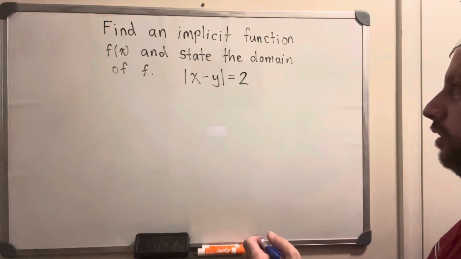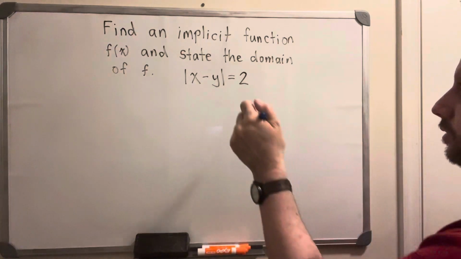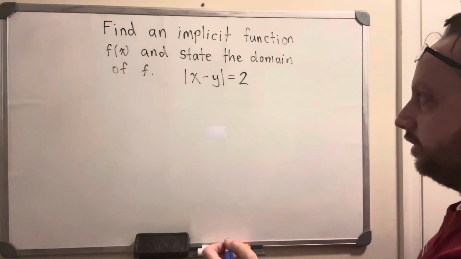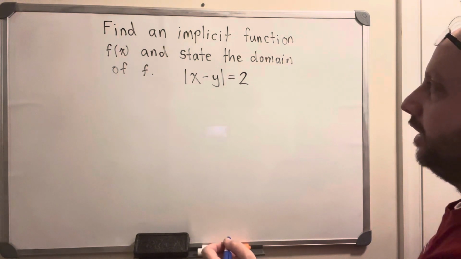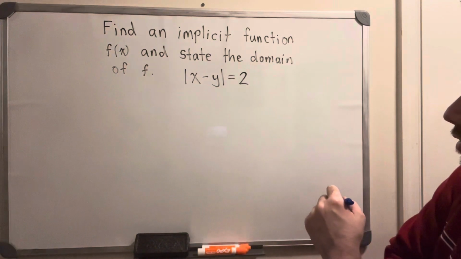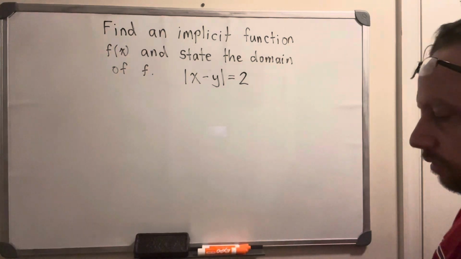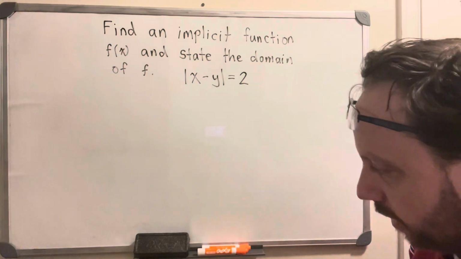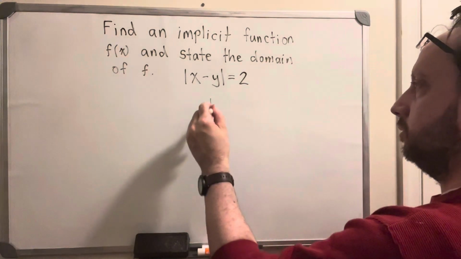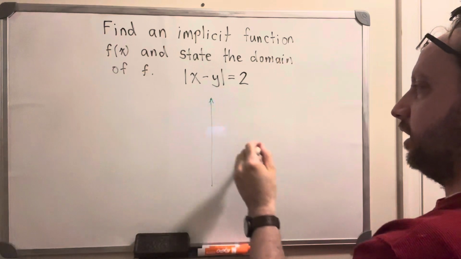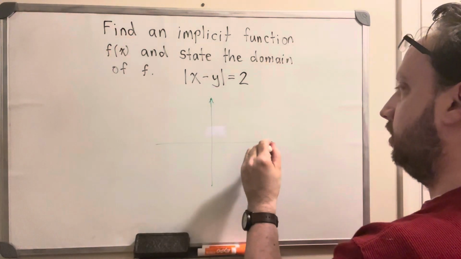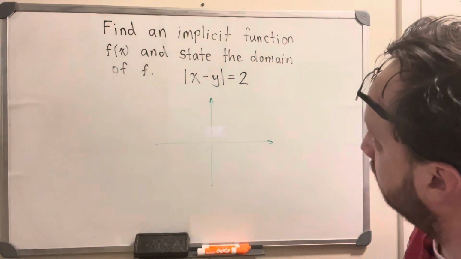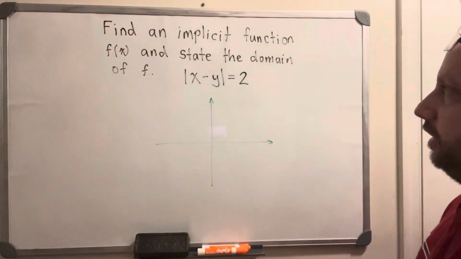So we have to use creativity and figure out what's one possible function where this is always true: the absolute value of x minus y equals 2. So let's think for a while. Let's draw some pictures of possible functions that would satisfy this, at least over a certain domain. And if we find one, we have to state the domain.